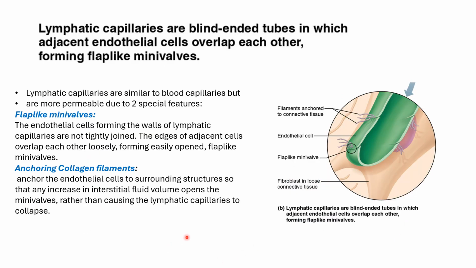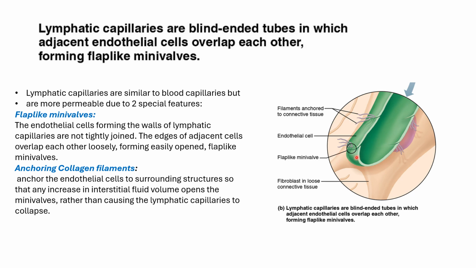Okay, so they have a one-way direction of lymph because of certain features. They have flap-like mini valves, and then they have anchoring collagen filaments. They are made up of overlapping endothelial cells. And these endothelial cells, where they overlap, there are flap-like mini valves. These valves allow only one direction flow of the fluid.